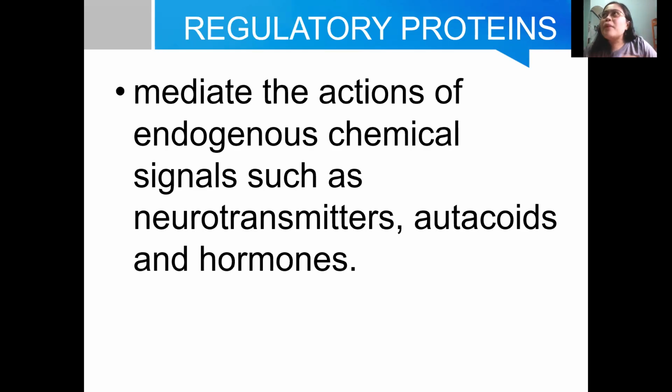So, examples of substances or drugs that bind to regulatory proteins are neurotransmitters. Examples of neurotransmitters, we have norepinephrine, what else aside from norepinephrine, do you know some of our neurotransmitters? I want to know if you know other neurotransmitters aside from norepinephrine.